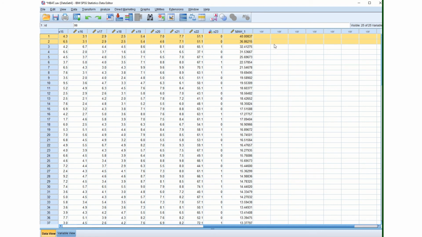Then 36.86 divided by 13 is 2.84. That's above our 2.5 cutoff, so we know that one's bad. Just for illustration, we take 32.41 and divide it by 13, and we have 2.49, which falls just below our cutoff. So this is the multivariate approach to identify potential outliers.